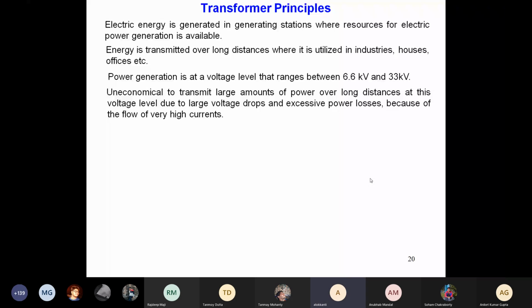So if the resistance increases, the voltage drop will be higher, and there will be excessive losses also in the transmission line. You must have seen the transmission lines when you travel by trains or buses. There will be heat generation because there is current and resistance, and it is dissipated to the atmosphere.